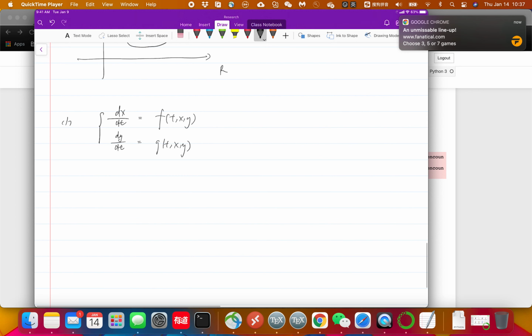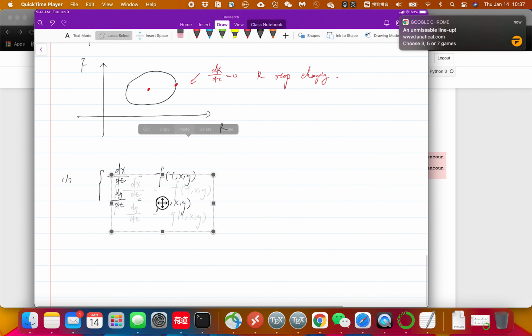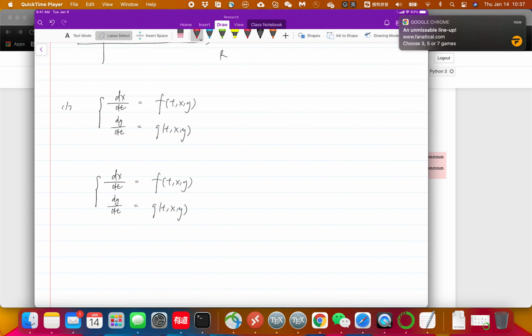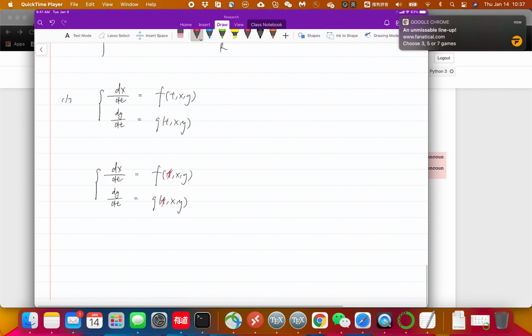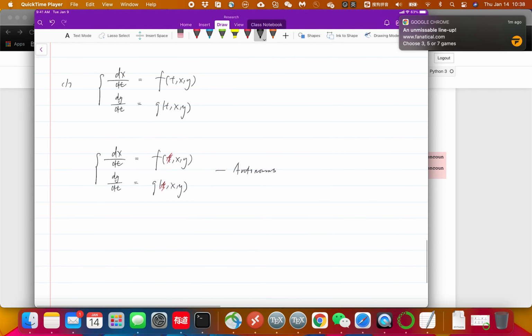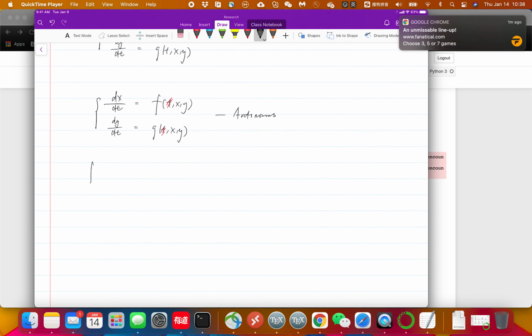This will be the general autonomous differential equation system for 2 dimensions. Now what we want to do is, number one, we want to make sure, as in the one-dimensional case, that we're only dealing with the autonomous case. So no t. Only x and y. And after that, we simply assign f(x,y) equals 0, g(x,y) equals 0.